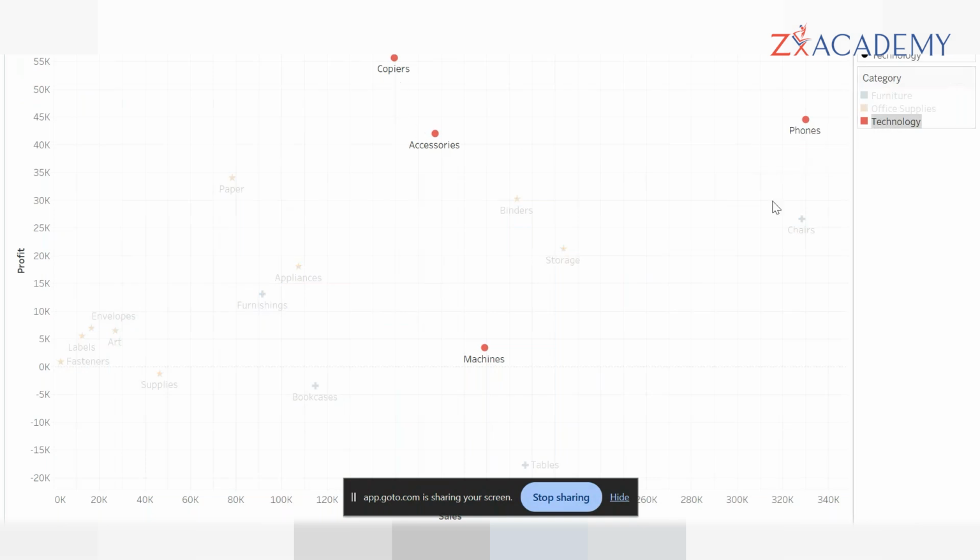These are technology. Technology means we have four products, and we can see how they have been performing. The phones are doing very good sales and a good profit, but copiers, even with average or below average sales, have given me one of the highest profits. That means it is at the top edge: the highest profit with very average sales.